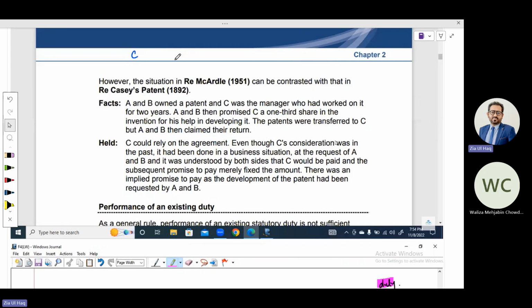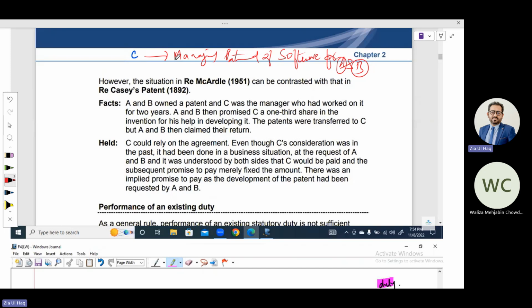A and B owned a patent and C was the manager who had worked on it for 2 years. Meaning C was managing the patent of software for A and B. A and B had bought a patent of software and C was managing that patent.